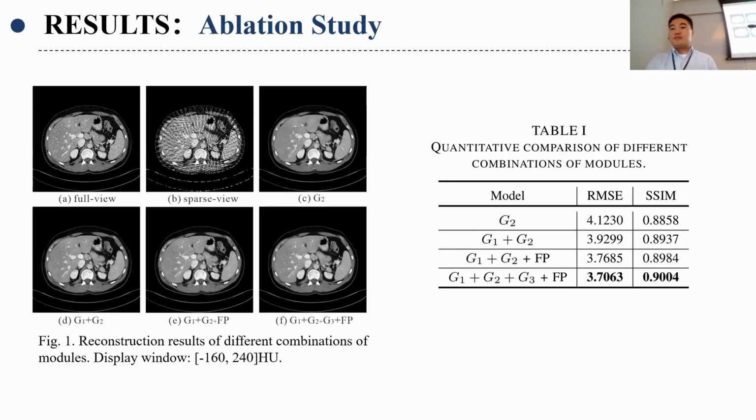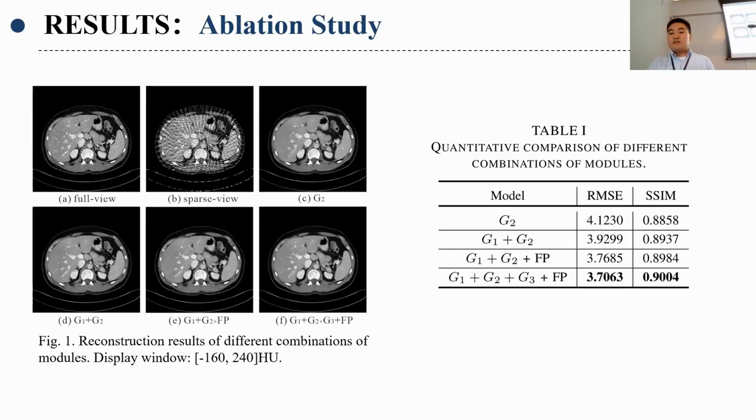And the experimental results are shown in the figure. Compared with experiment 1, the reconstructed image quality of the dual domain network is better than that of the image domain network only. And comparing experiment 2 and experiment 3, increasing the consistency constraint between the reconstructed image and the original measurement data, even without considering the forward projection error, they found that the quality of the reconstructed image is still improved.